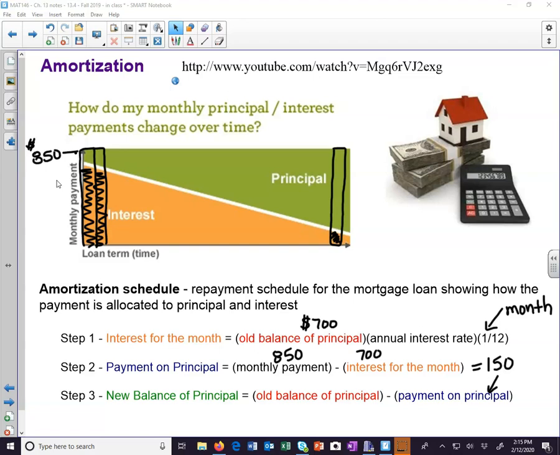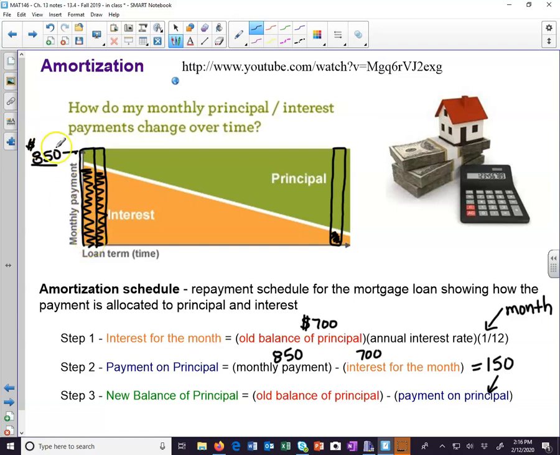Your payment is never going to change if you have a fixed rate loan. So in my example here, let's say your monthly payment is $850. Well, it's always going to be $850 until 20 or 30 years is over. But with your very first payment, most of it is going towards interest.